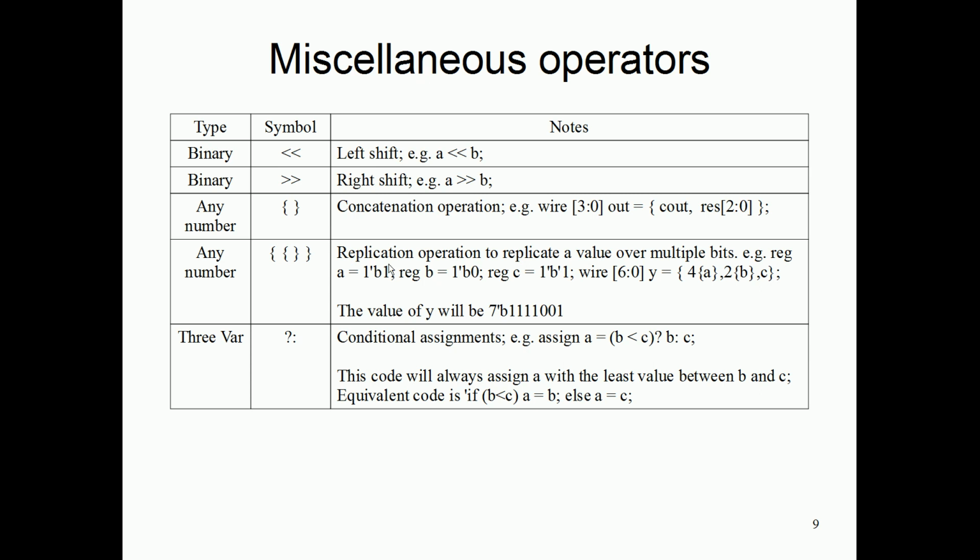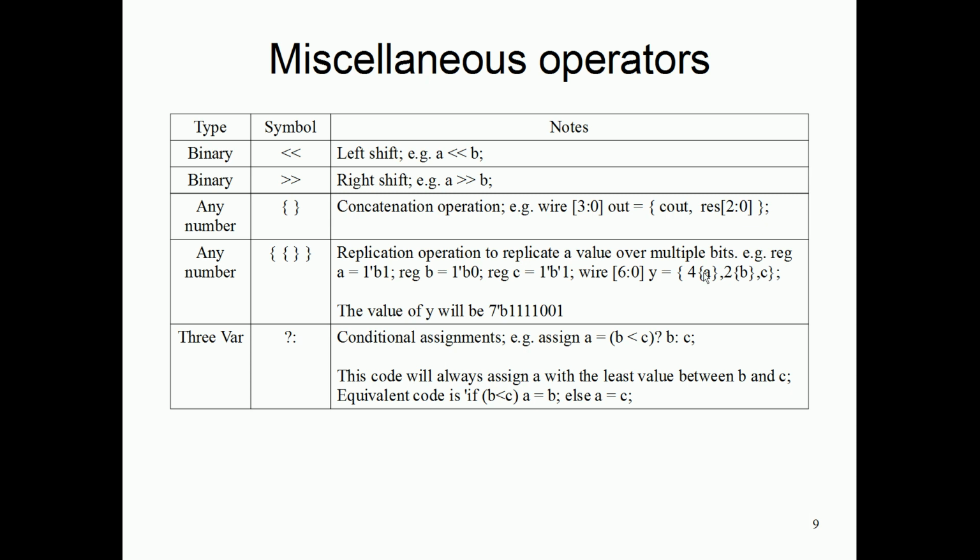Now replication is a tricky operation. It basically replicates a given value. Let's say there are 1-bit variables a, b, and c with the values 1, 0, and 1, and then we're assigning a 7-bit net y with 4 of A, 2 of B, and C. This means A will be replicated 4 times, into 4-bit places.